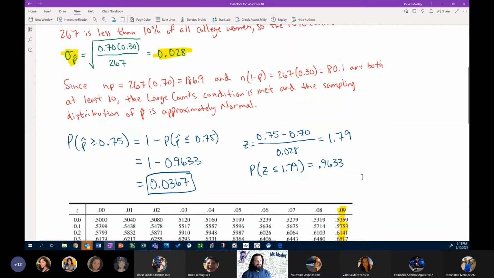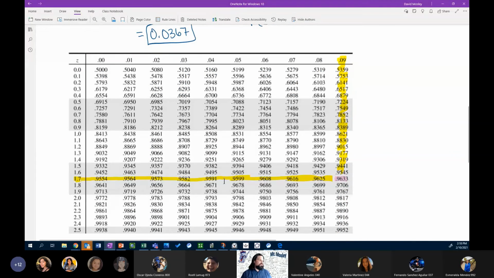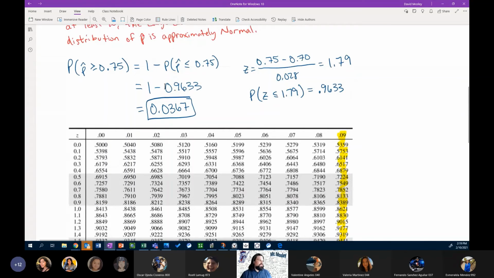That's been rounded to 2 decimal places because I only get to use 2 decimal places on table A. We go to table A, we find 1.7, 0.09, follow it down, we get 0.9633, which is then what I put in here, right? Because P of Z being less than or equal to 1.79 is equal to 0.9633. 1 minus 0.9633 equals 0.0367.